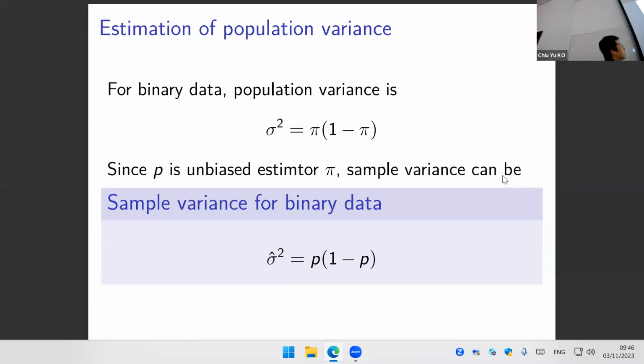And for binary data, the variance is very simple. It's just pi times 1 minus pi. Note that this is for the population. The way we guess the variance is simply, because pi is estimated by p, we just use p times 1 minus p. There are many reasons why we use this, but it turns out that this is a biased estimate.